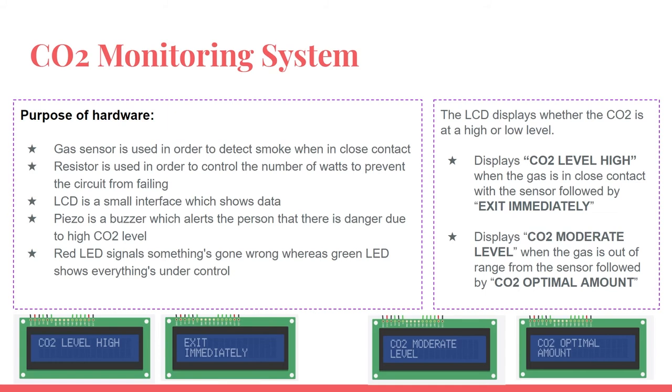A buzzer was used to alert the user of high levels of CO2 and tell them to leave the greenhouse immediately. A red LED and a green LED were used to show the current state of the environment.